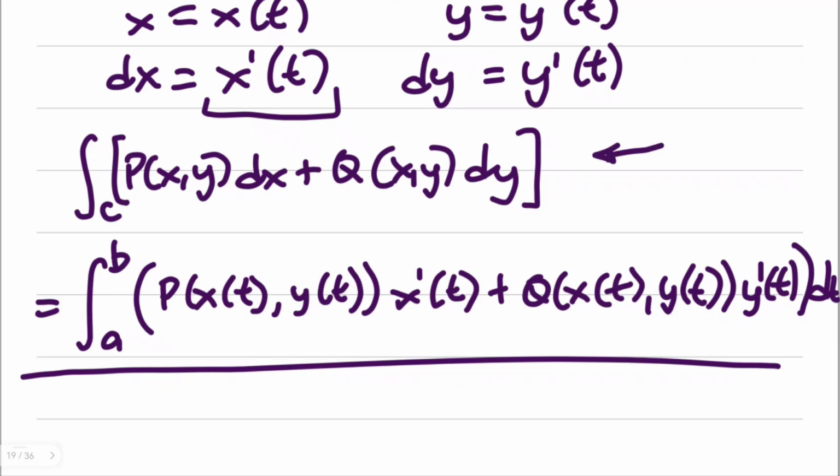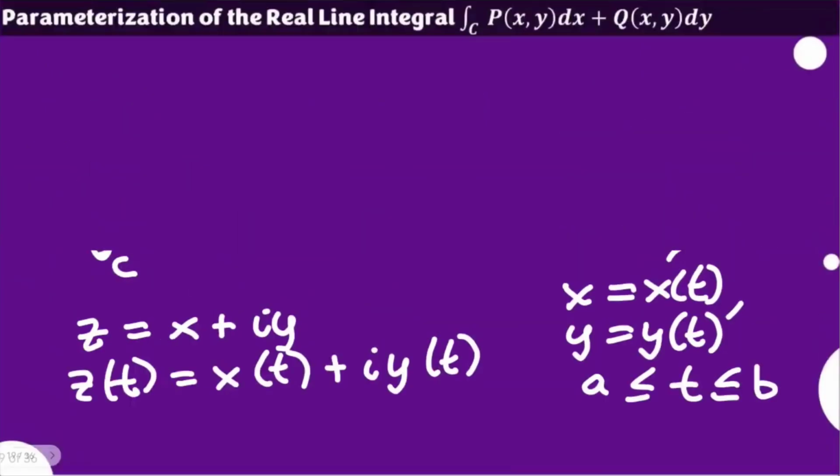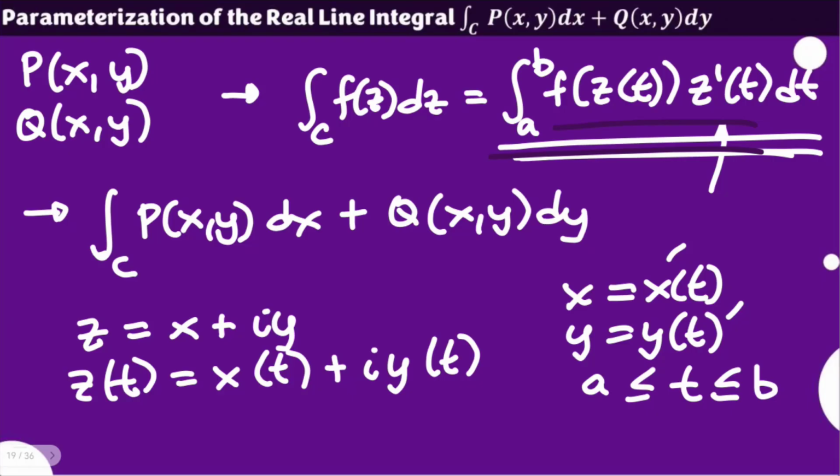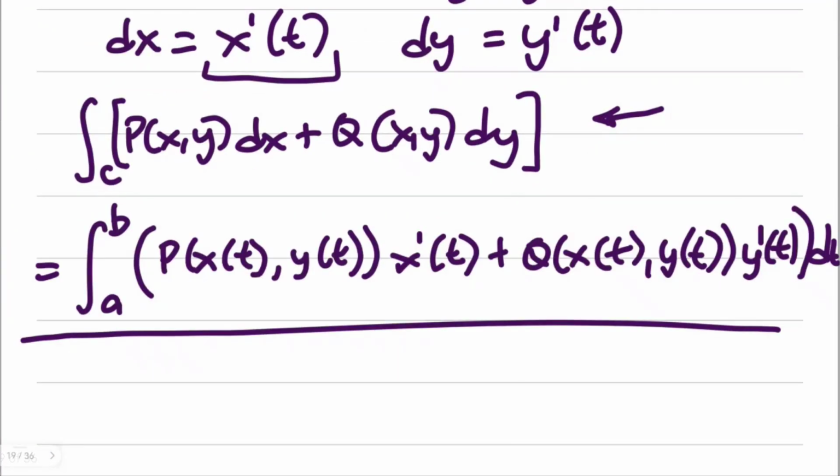So this is the formula for the parameterization of the line integral, but the components of your x(t), y(t) will depend on whatever the type of path is, at the same time the functions which you will be using later on.